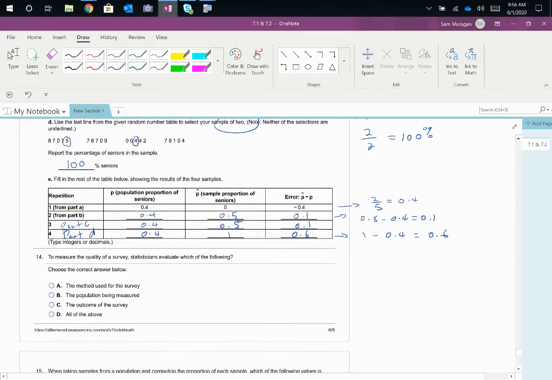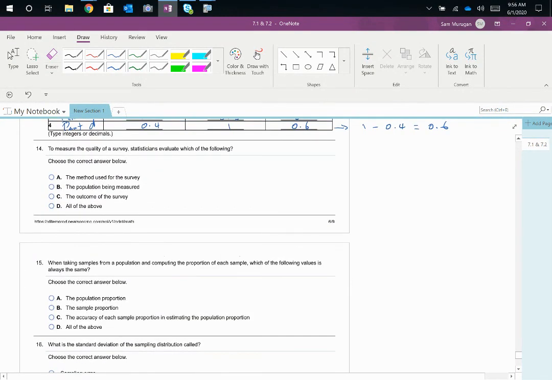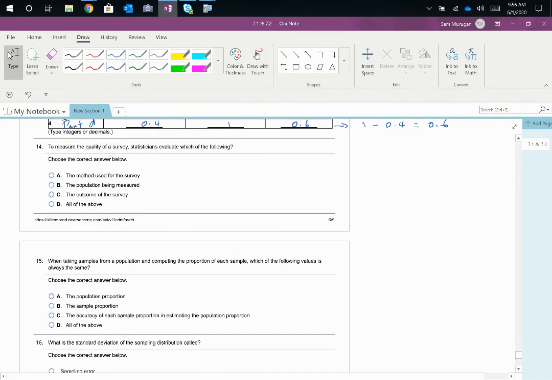The remaining 3 questions in this homework are definition questions. For example, number 14 is asking, to measure the quality of a survey, statisticians evaluate which of the following. Remember I gave you 3 criteria, 1 being the method.